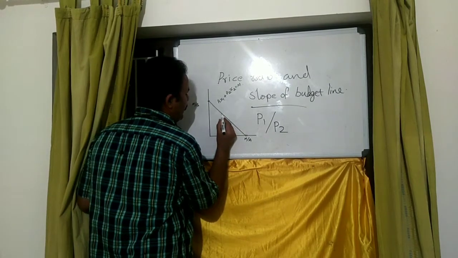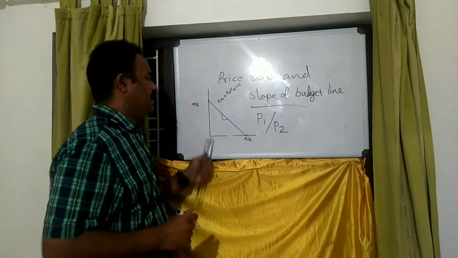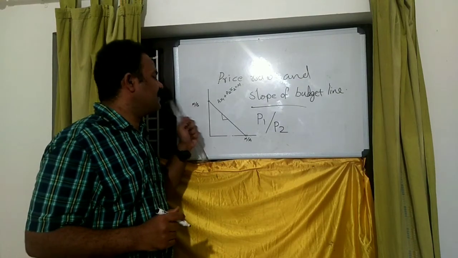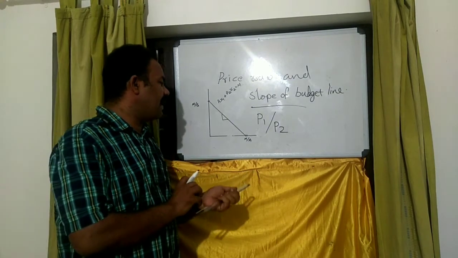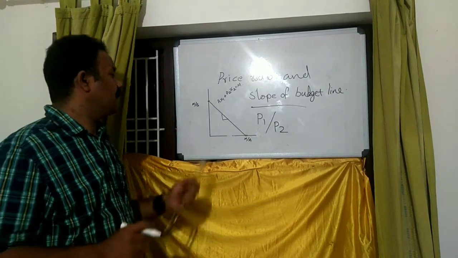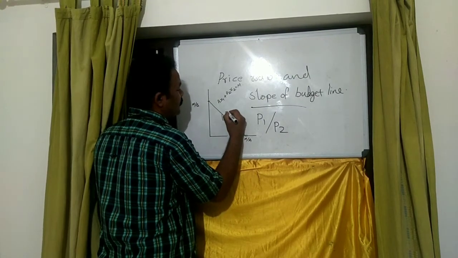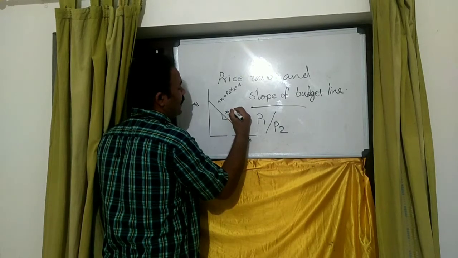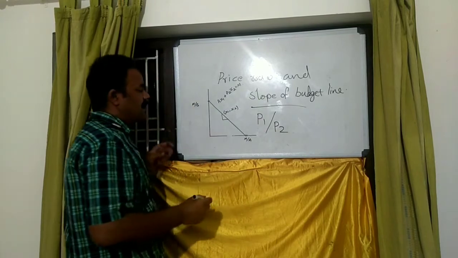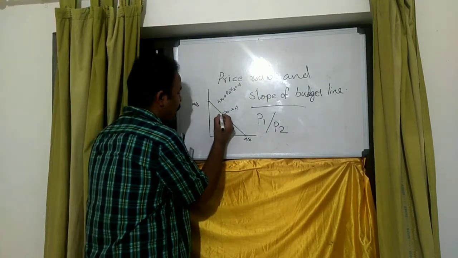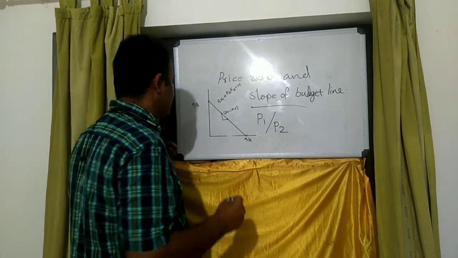Okay. Here, the slope of the budget line. The expression for the slope of the budget line is P1 by P2. Here at this point the bundle is x1, x2. When the consumer is moving from this point to this one, that bundle is changing.